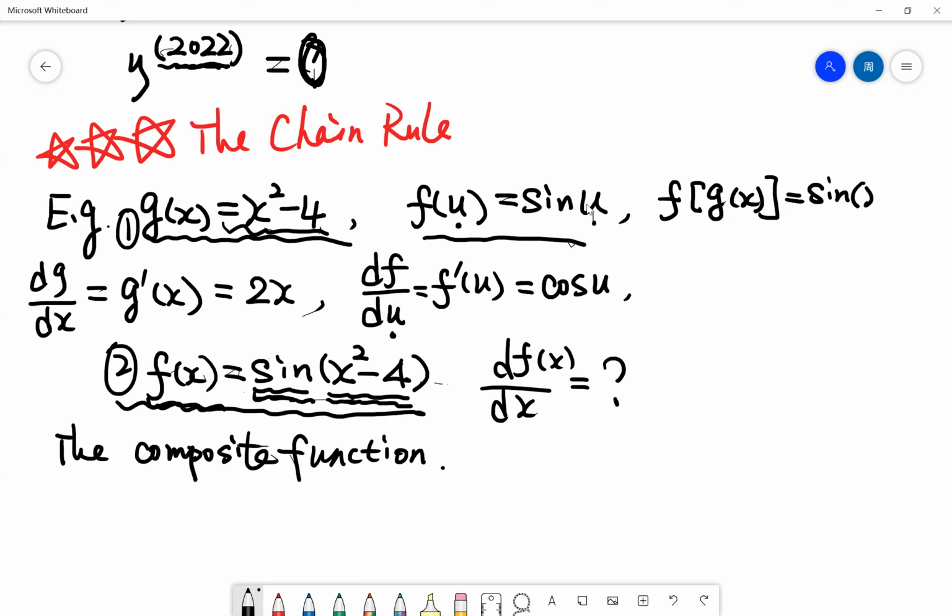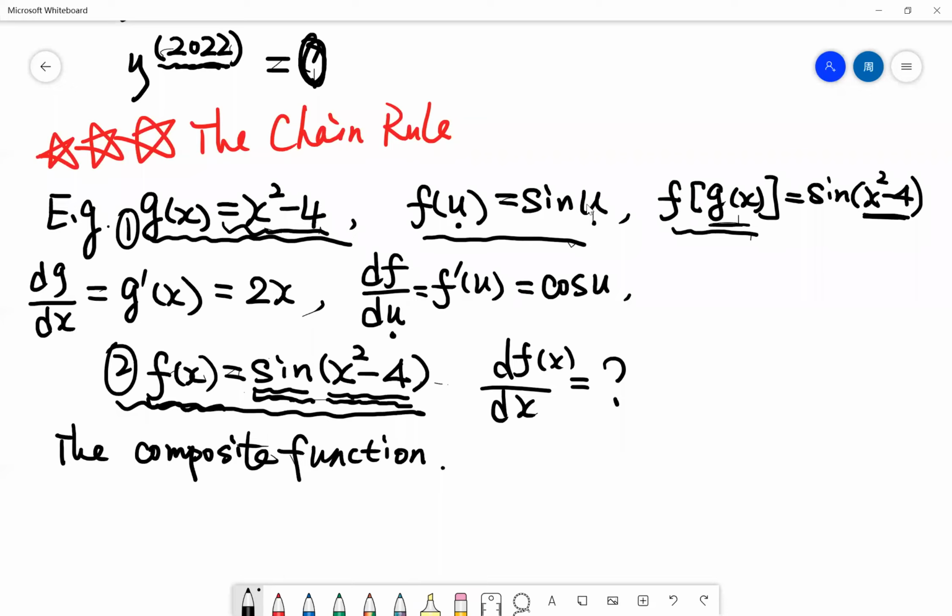So that is sine of x squared minus 4. So this is the symbol of the composite function f of g(x), where g(x) means x squared minus 4.